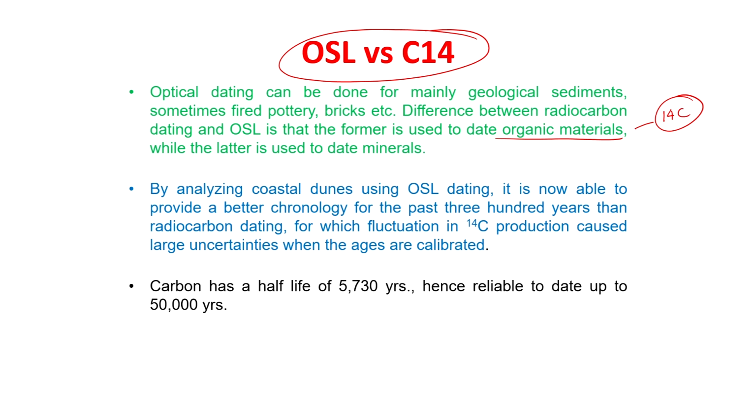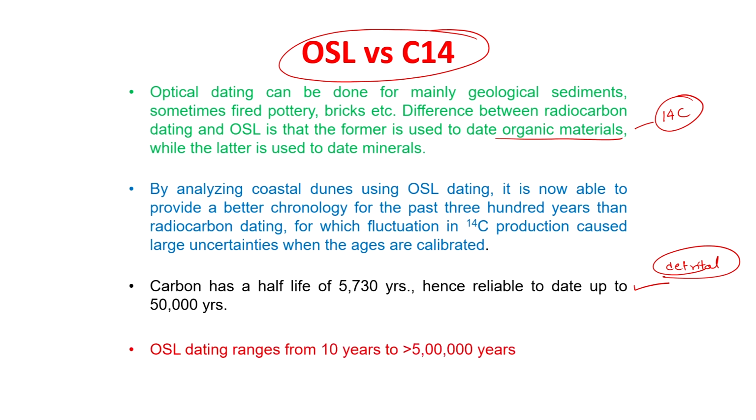So this is one of the disadvantages of C14. And again, C14 is mostly seen in detrital material. Okay. So it is transported, not the in situ one. And as I told, TL can go up to more than 5 lakh years.